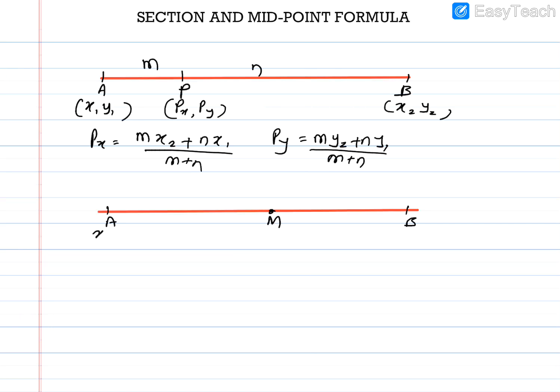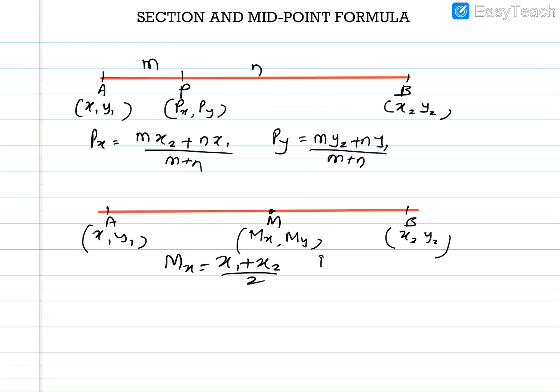Then if I write this as x1, y1, and if this is mx, my, and if I say this is x2, y2, then I can write the formula for mx as x1 plus x2 upon 2, and for y it is y1 plus y2 upon 2. So this is the midpoint formula and section formula.